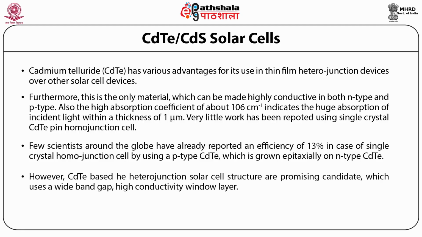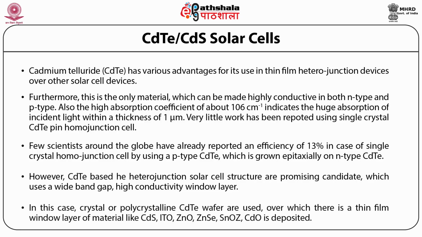However, cadmium telluride based heterojunction solar cell structures are the promising candidate, which uses a wide band gap, high conductivity window layer. In this case, the crystal or polycrystalline cadmium telluride wafer are used, over which there is a thin film window layer of materials like cadmium sulphide, ITO, zinc oxide, zinc selenide, tin oxide, cadmium oxide deposited.